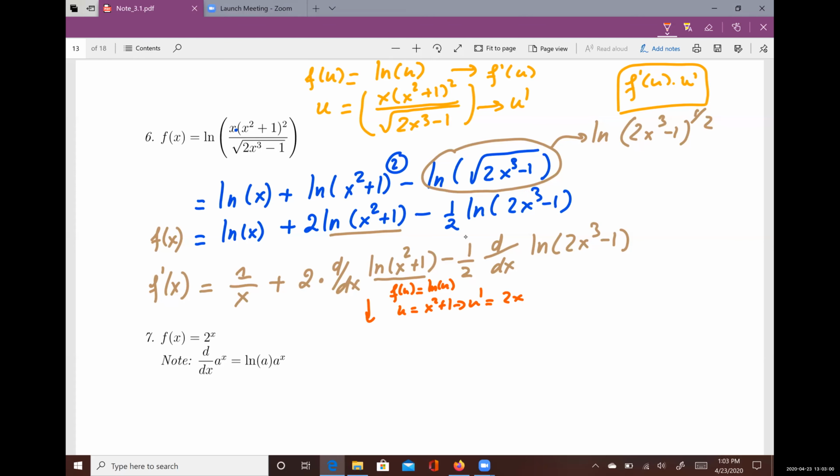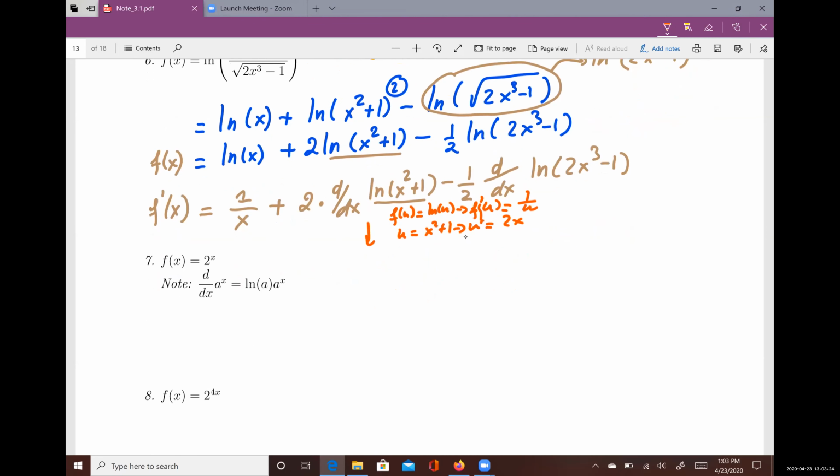And then f prime of u is 1 over u. So then this derivative should be u prime times f prime of u. And then you can see that. Running out of space here, okay.